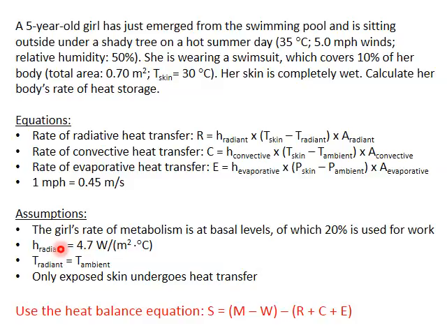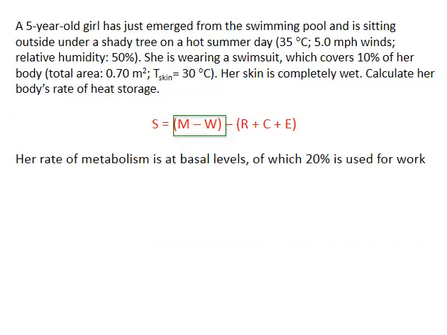This is her radiant heat transfer coefficient, which is typical for the human body. Objects in the environment that are radiating heat have a temperature that is equal to the ambient temperature. Only skin that is exposed or not covered by her swimsuit will undergo heat transfer. We'll then use the heat balance equation to solve for S.